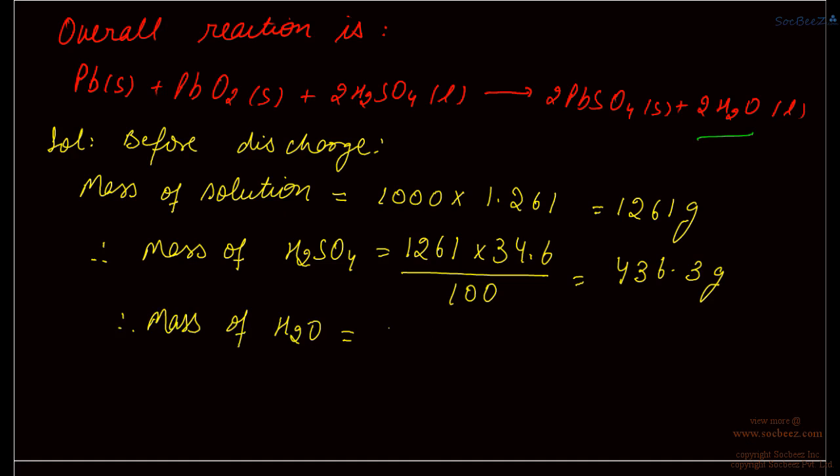Now therefore mass of water equals 1261 minus 436.3 equals 824.7 gram. Fine. Now consider the case after the discharge of lead storage battery.